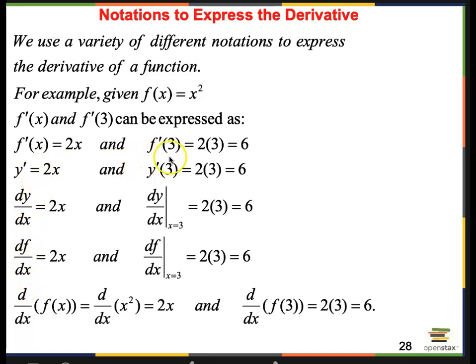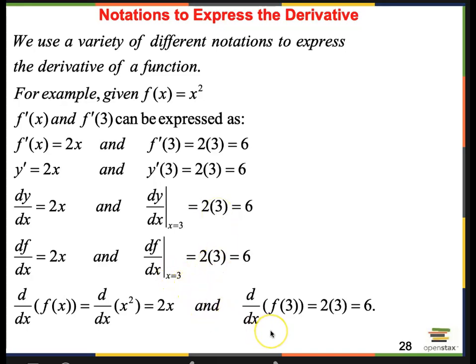And then again, you can look at f prime of 3, and they're just showing how if you're actually going to evaluate the derivatives at a certain point where x equals 3, this is what that would look like. You see we get the same answer. dy dx, if it's this notation, you would see x equals 3. That's what we're evaluating it at, and so on.